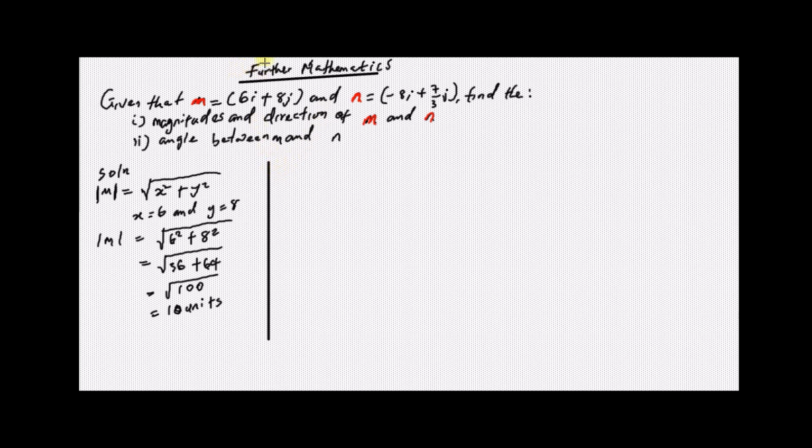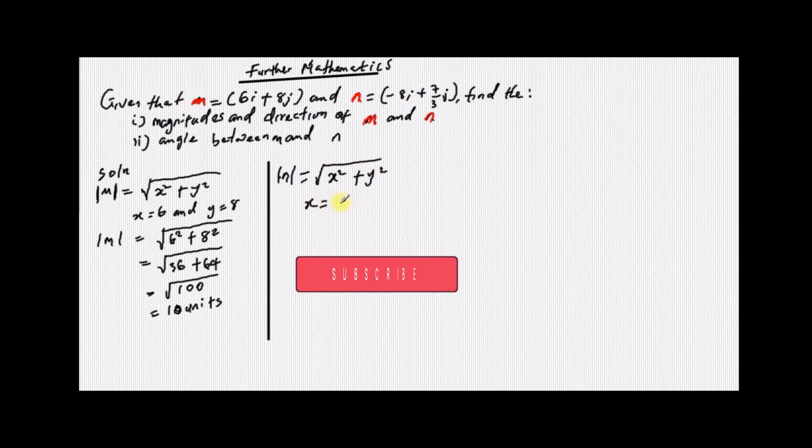For the magnitude of vector n, we use the same formula: magnitude of n equals square root of x square plus y square. But in this case, our x equals minus 8 and our y equals 7 over 3.